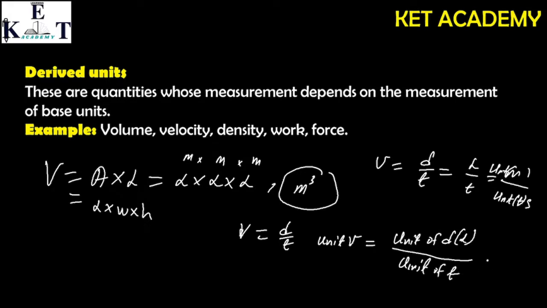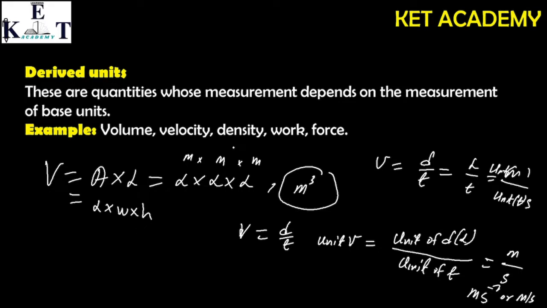After writing this, you write the unit of distance is meters and the unit of time is seconds. So we can write this as meters per second, or better still m/s. So we see that velocity is actually derived from the base units of distance and time, which are both base units.